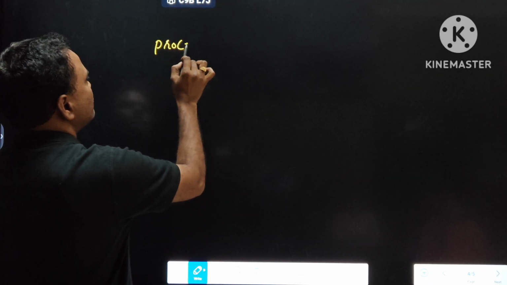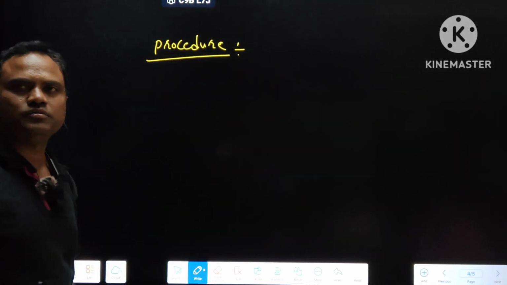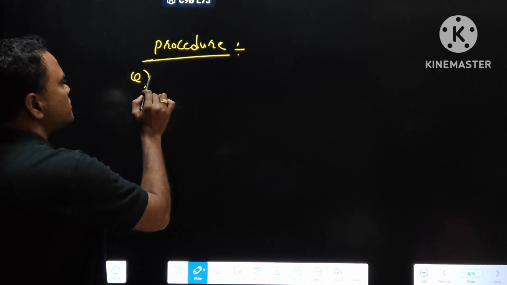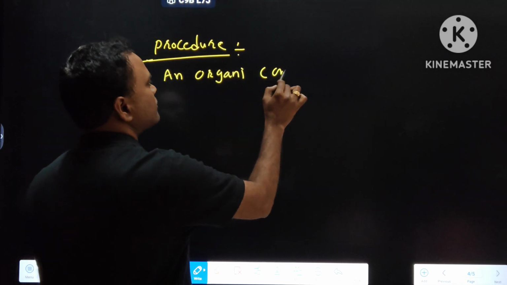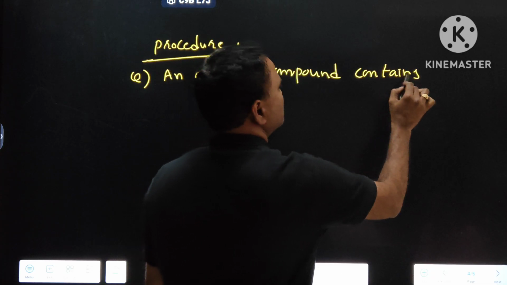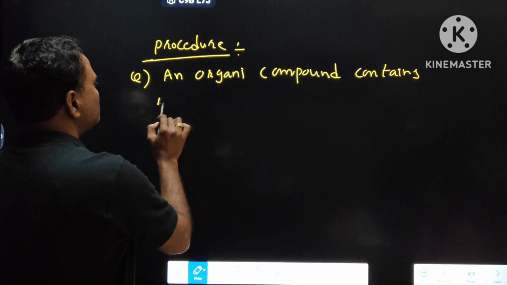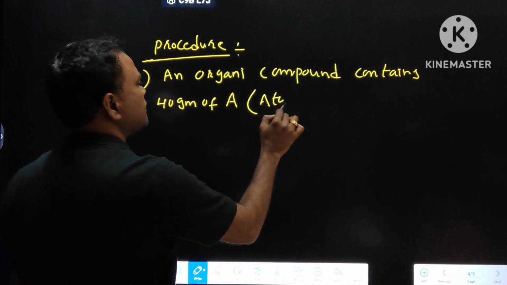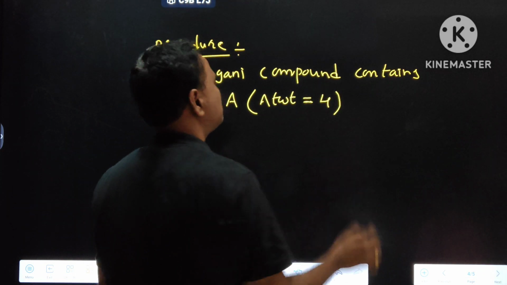Procedure to find empirical formula. Note down one question. An organic compound contains 40 grams of A, within the bracket atomic weight is 4 approximately.